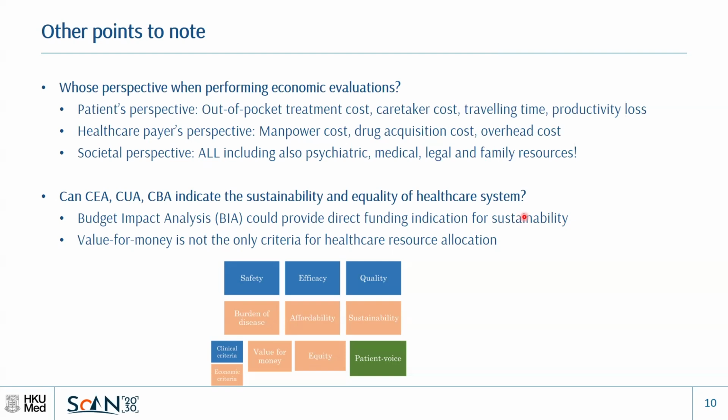And even more important, value for money assessment is not the only criterion for healthcare resource allocation. Clinical factors such as safety, efficacy, and quality are always the preconditions for decision-making. Economic factors cast significant indications for the disease burden and the value for money aspects, while health equity and the patient voice are also essential and unneglectable factors in the decision-making pathway.